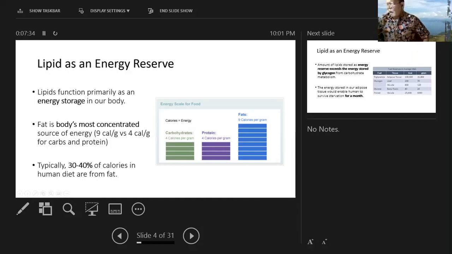But have a look at this fat, it's almost 2 times compared to the protein or carbohydrate. The fat contains 9 calories per gram.